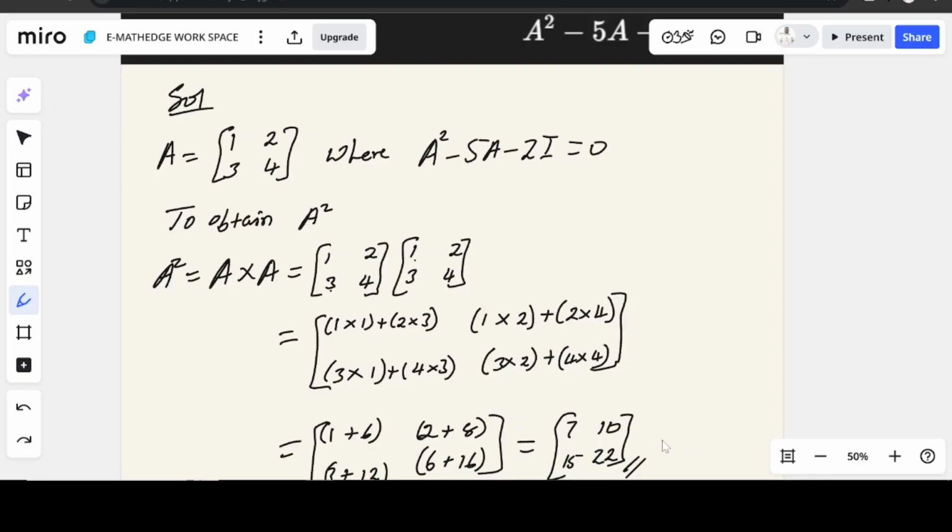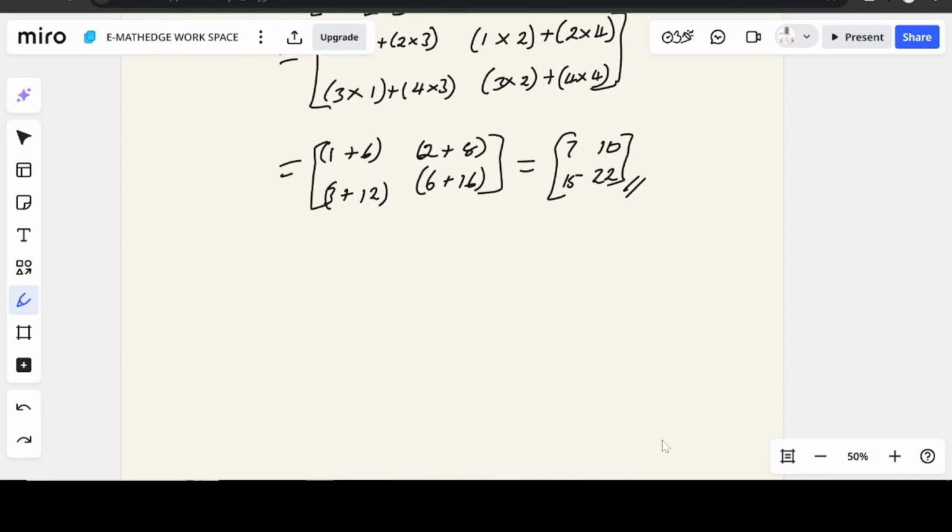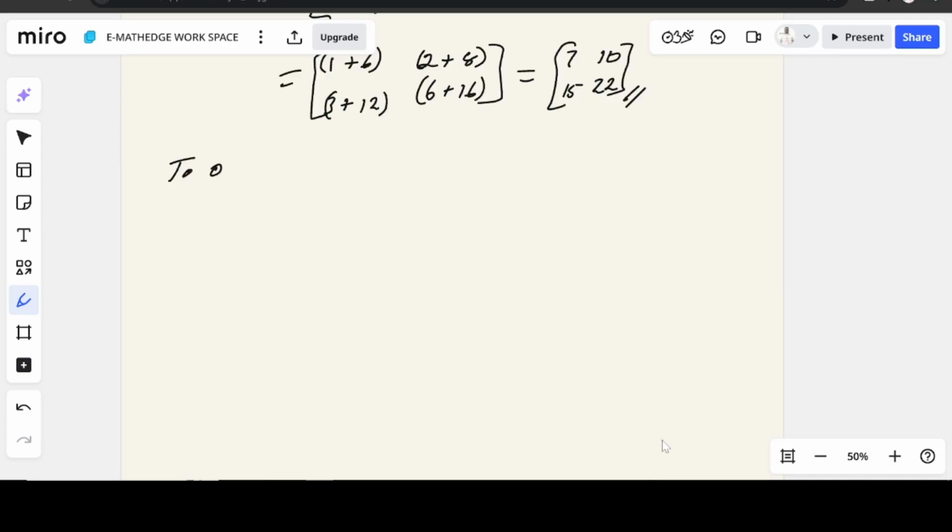Since matrix A is given, we are going to multiply the scalar value, which is 5, by the matrix A. So let's go ahead and do that. To obtain 5A, it is going to be 5 multiplying the matrix. And what are the elements of the matrix?